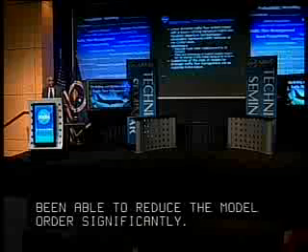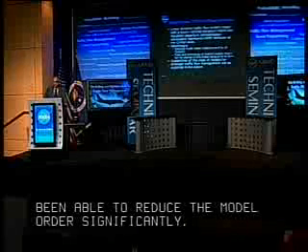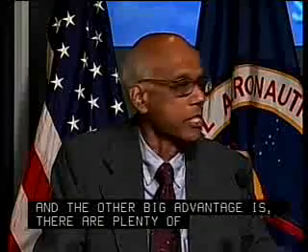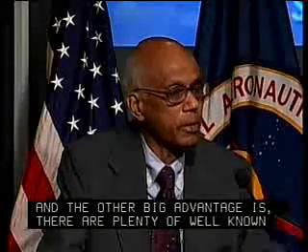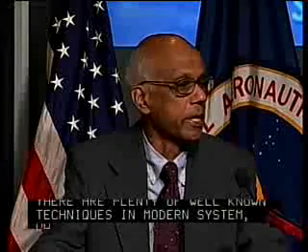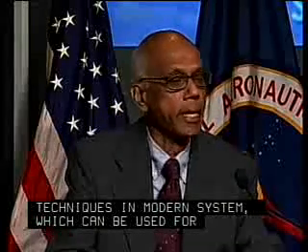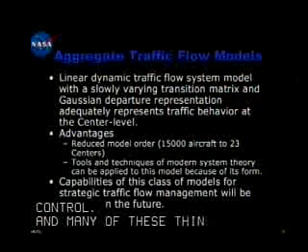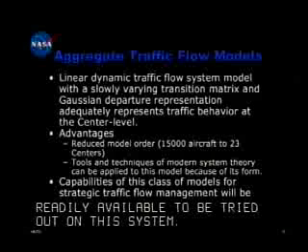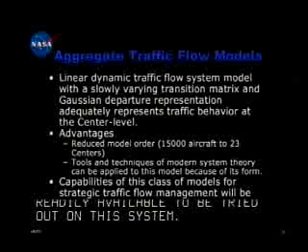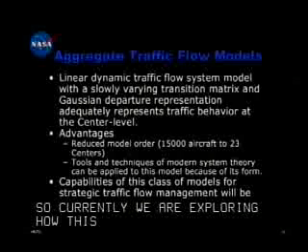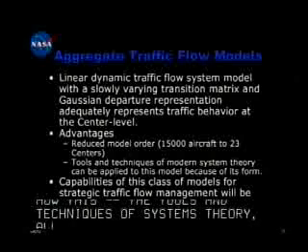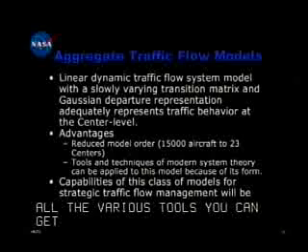And the other big advantage is there are plenty of well-known techniques in modern system theory which can be used for estimation, can be used for control, and many of these things are readily available to be tried out on these systems. So currently we are exploring how the tools and techniques of systems theory, all the various tools you can get in a program like MATLAB, could be used to design the traffic flow at the national level.